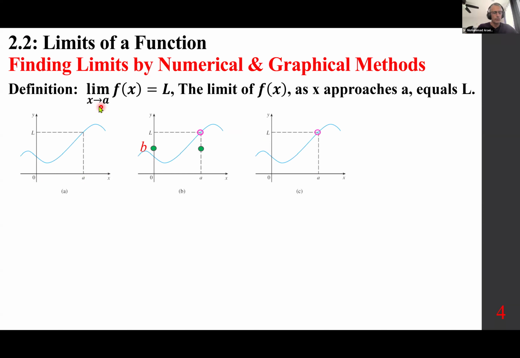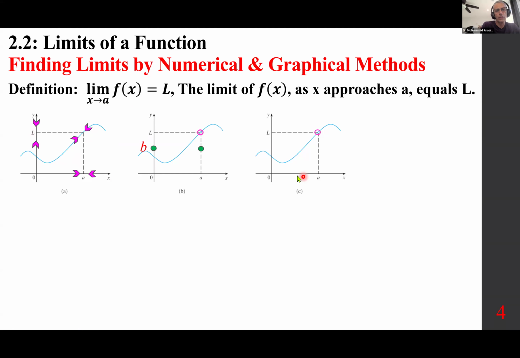That's the concept of a limit. If we are approaching a from the left, we are in this branch. If we are approaching from the right, we are in this branch. Both of them are moving towards this point. As far as the limit is concerned, it's referring to the y coordinate of that point, which is L.